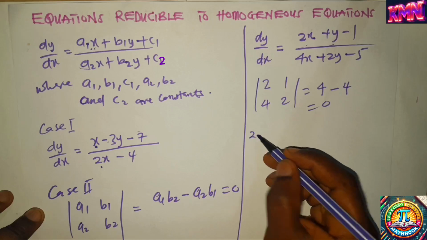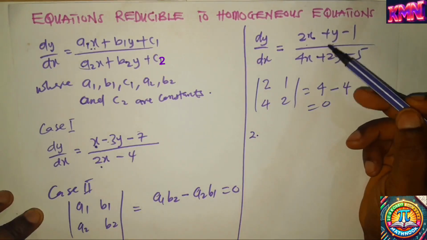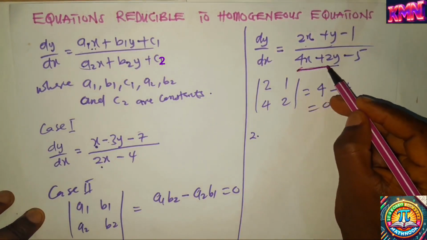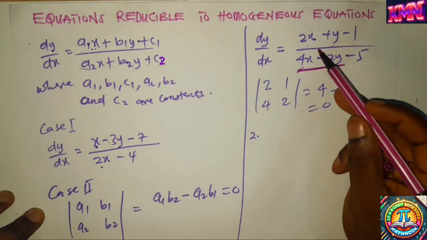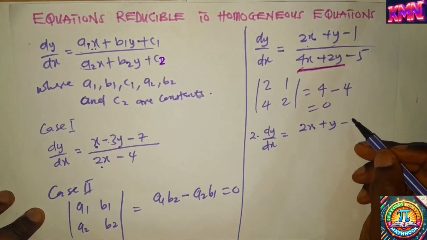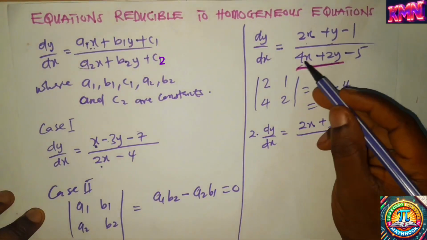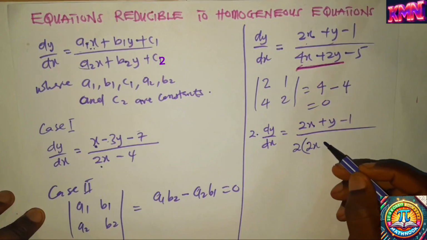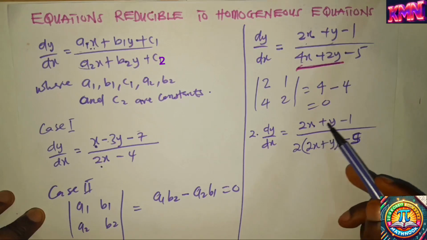Notwithstanding that, another thing that you need to note about the second case is that one variable is a constant multiple of the other. That is, when you look at the coefficients of x and y at the denominator, you can see that the denominator part is a constant multiple of the numerator. In other words, in this differential equation, you can see 2 is common over here. So when we factor 2 out, we are getting 2x + y, which is the same as what we have at the numerator.